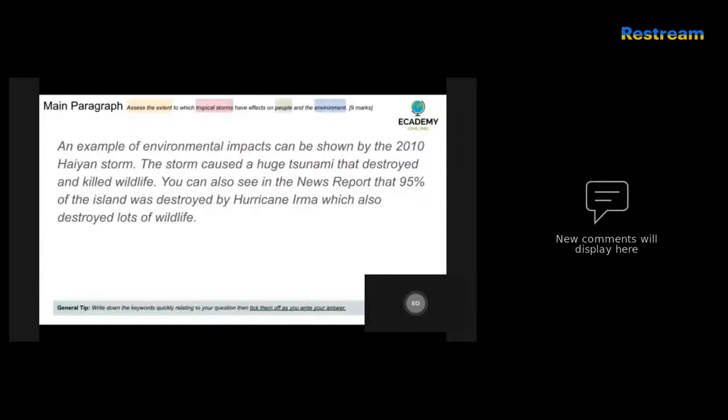It's very important that the finer details of your answer are really referred to. Facts and figures from your own knowledge are going to be very, very important. Whilst in some cases you might have availability of information in the exam through a resource that they might give you, always have the backup of your own knowledge, because that is what's going to get you up into the 9-mark bracket.